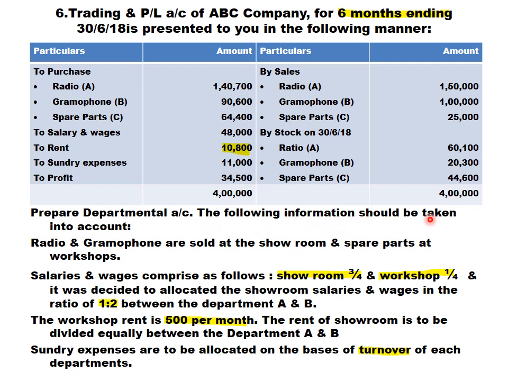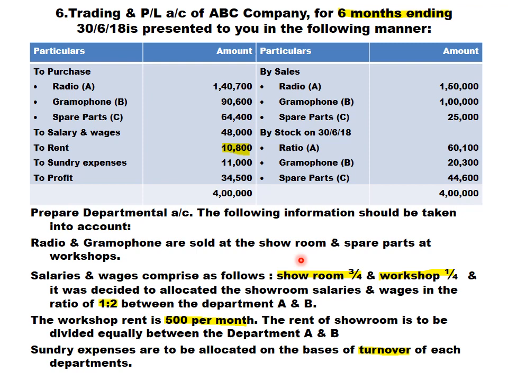You need to prepare departmental account, and the following information should be taken into account. Radio and gramophone are sold at showroom and spare parts at workshop. So from this, what do you understand, students? A and B are located in showroom, spare parts is dealt by C, therefore C is located at workshop.